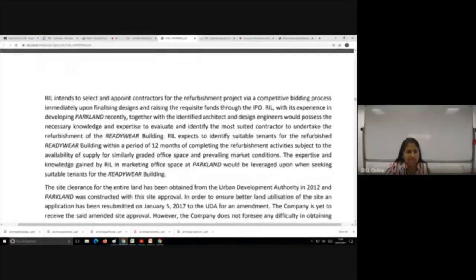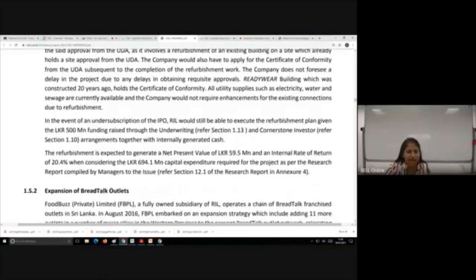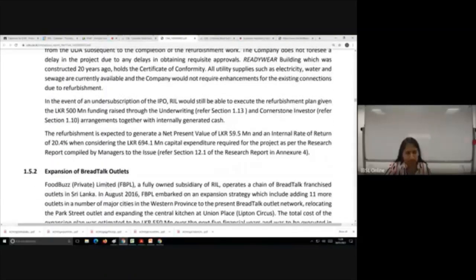All these details are clearly analyzed. Here you can see refurbishment is expected to get an NPV of this amount and an IRR of this amount. So all of these are done. You can see the research report by that institute, or by that sponsoring agency. Okay, so all this is happening.